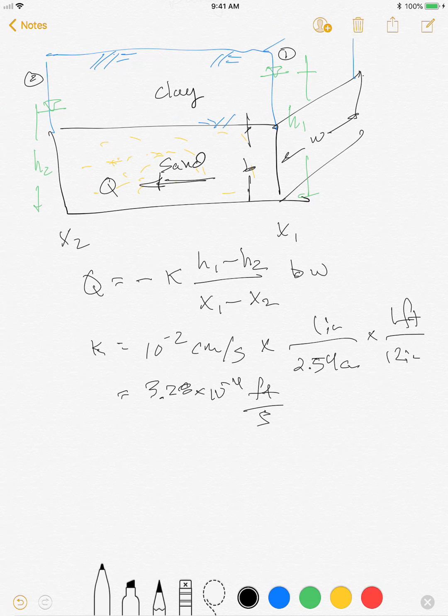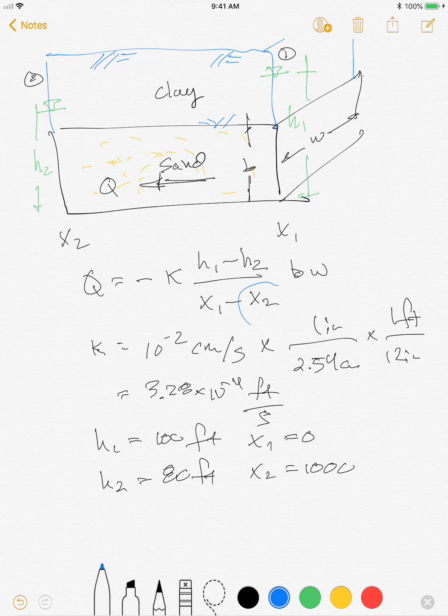Okay, and so now we need some additional values. So for this example, we're going to say that H1 is equal to 100 feet, H2 is equal to 80 feet, and x1 is going to be equal to 0, and x2 is equal to 1,000. And you can see here that's how this negative number comes up, because you've got x2, which is greater than x1, and then you have h1, which is greater than h2.